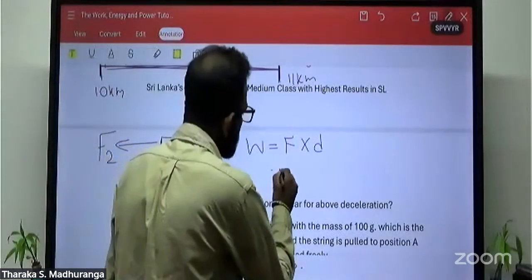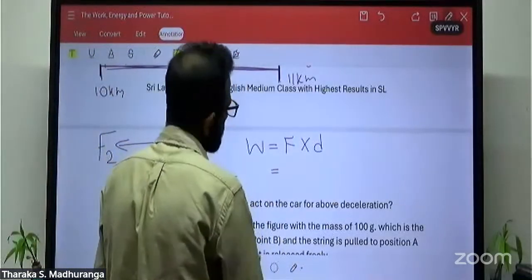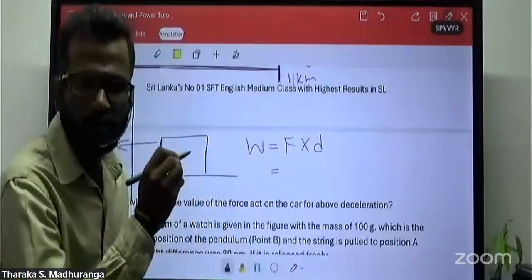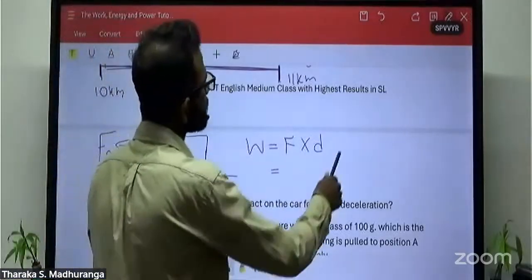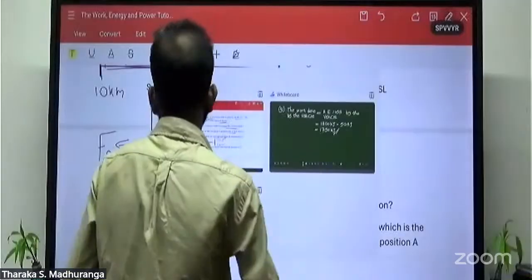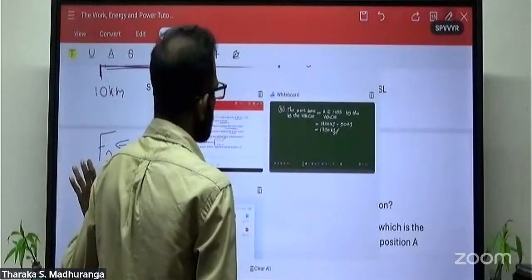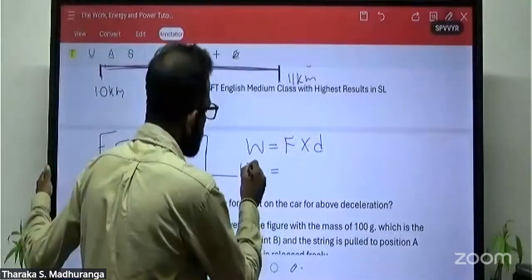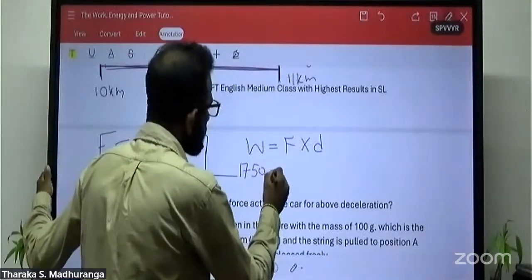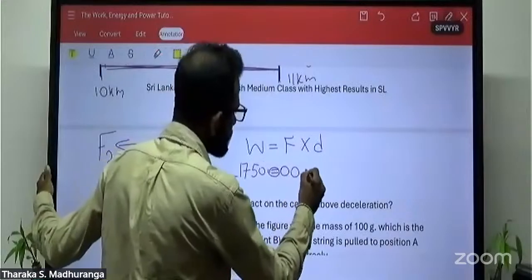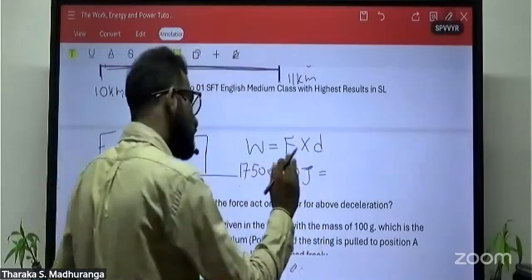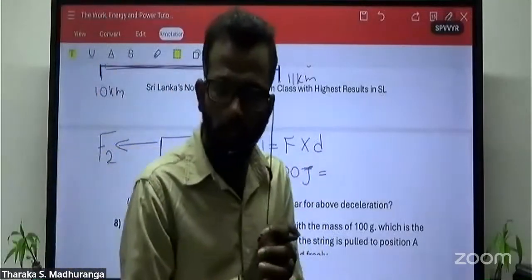Now the external force is asking the work done by the object. What is the value of the work done by the object? 1750 and three zeros joule is the work done by the object during this 1 kilometer period.